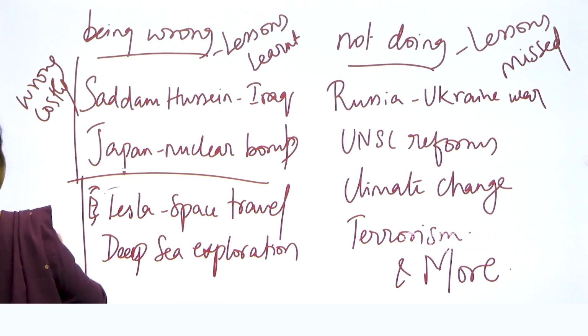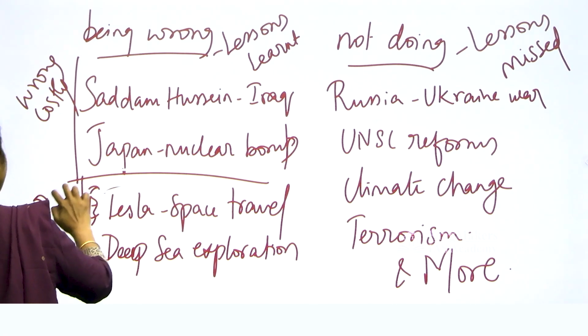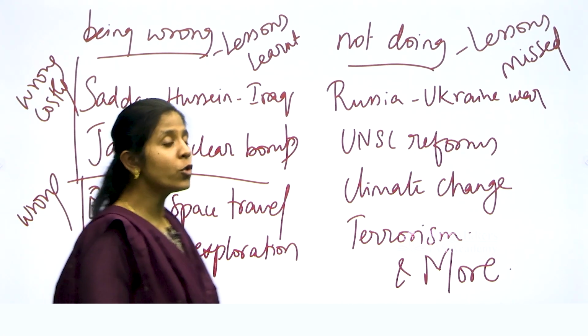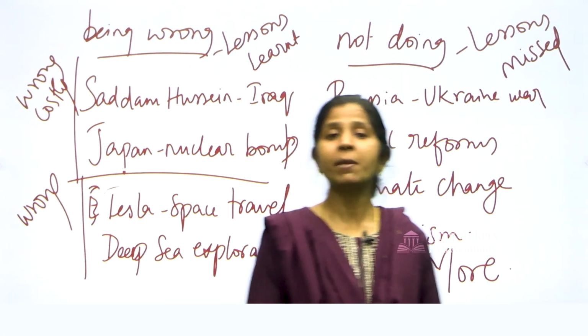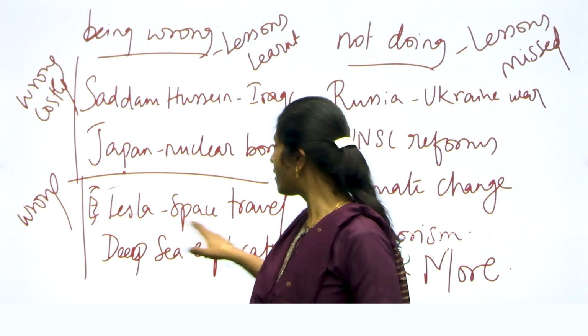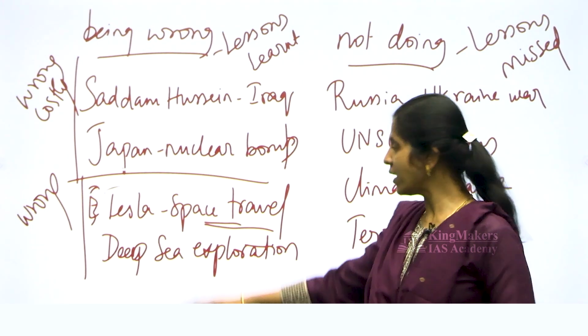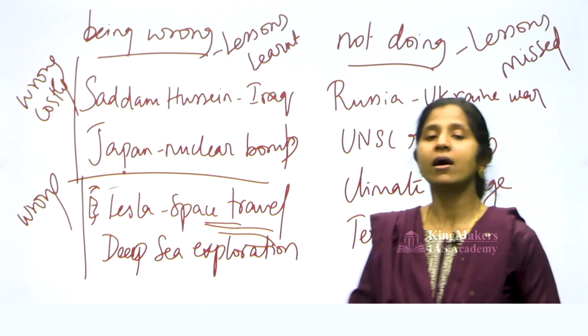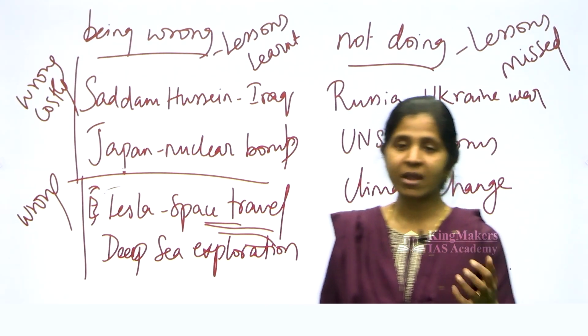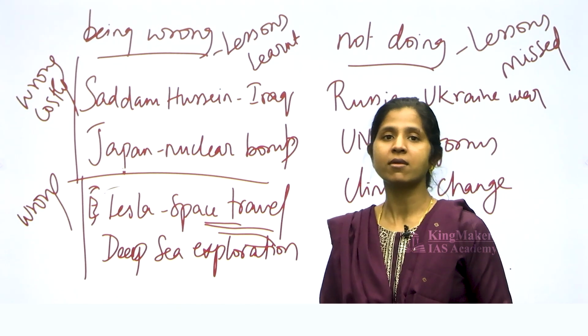But these are examples where there is a possibility of being wrong, but you have to take the risk. Nobody believed when Tesla said that you can travel in space, or that space tourism was possible, or living in space is possible. Nobody believed it, but he was taking that risk, and it is possible.